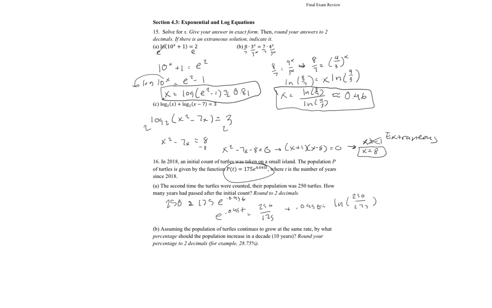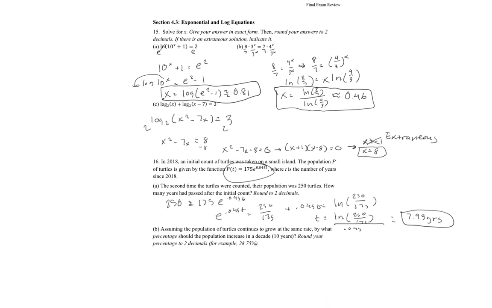And then if we divide by 0.045 on both sides, we'll get t is equal to the natural log of 250 over 175 divided by 0.045, which gives about 7.93 years.